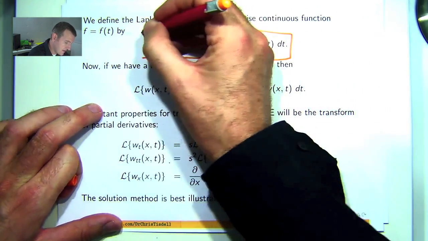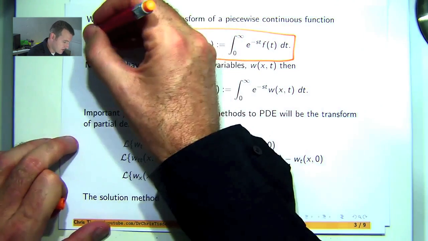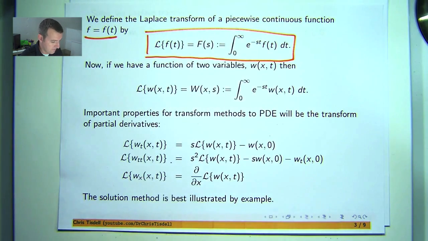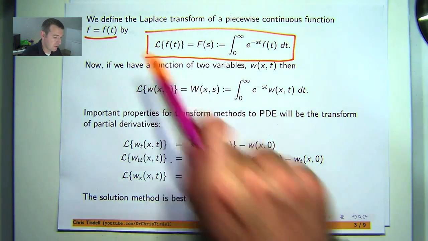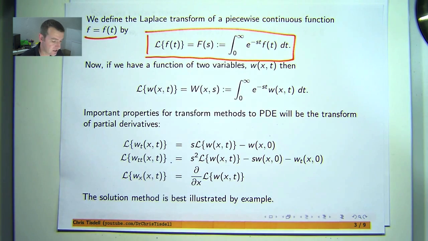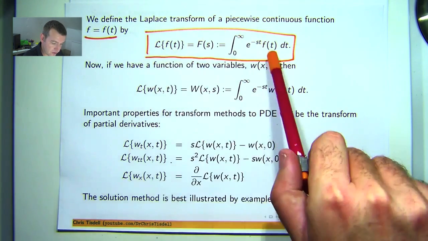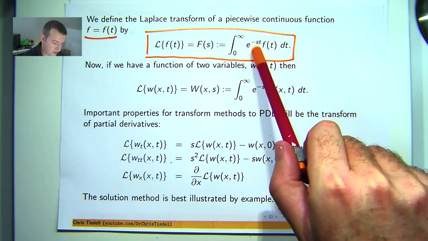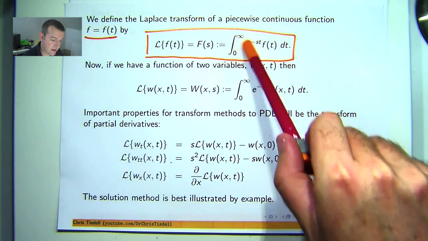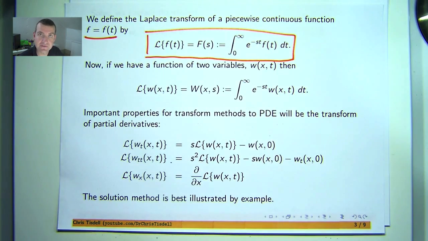So suppose I've got a function of one variable, so t might represent time, and this might be a solution to a certain ordinary differential equation. What you do is to take the transform, you take the original function f of t, multiply it through by an exponential, and you integrate with respect to t over the half line.